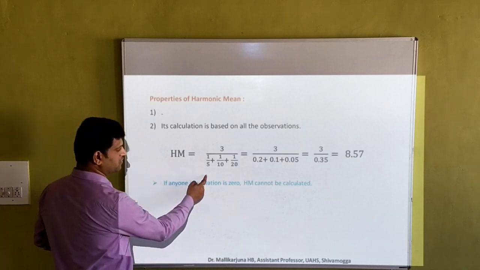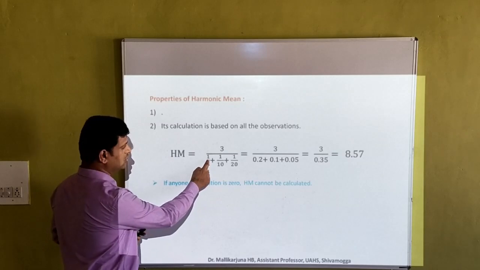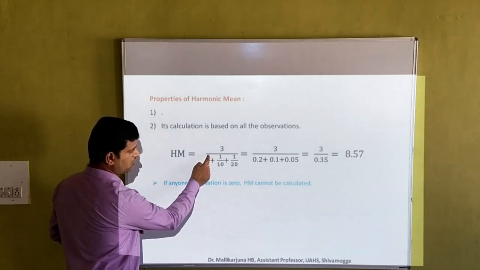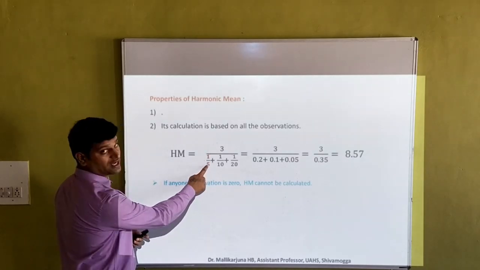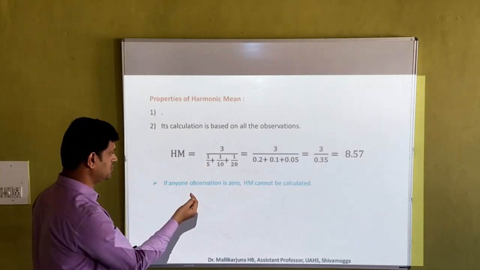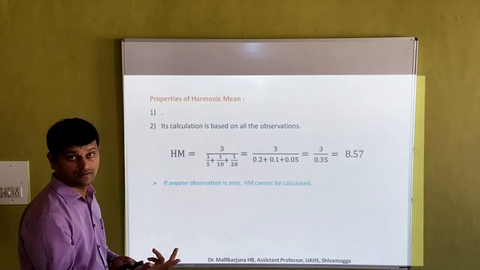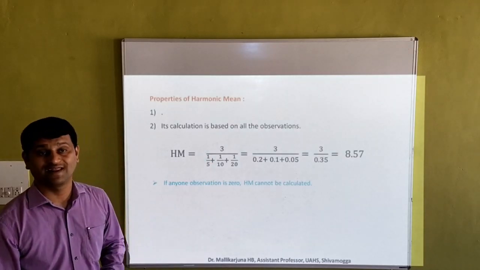Why? If any one observation is 0, if instead of 5 I take 0, then 1 divided by 0 becomes infinity. So HM cannot be calculated.